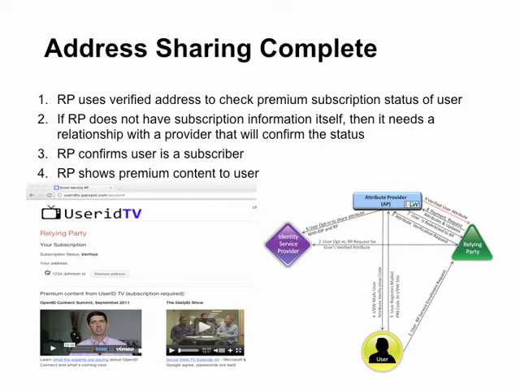If the TV site is able to determine that yes, in fact there is a paying subscriber at that address, well then fine. Now finally the TV website can show the premium content to the user, and it probably would also want to acknowledge what the name was of the cable provider or satellite provider that the user is paying for the service. But for the end user, the end result is they now have access to their premium content with just a few clicks.